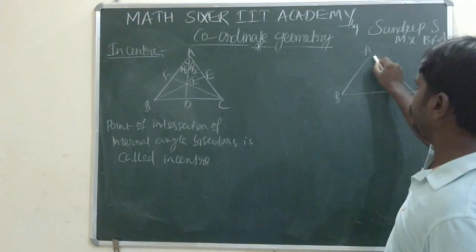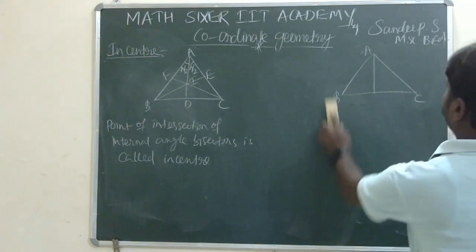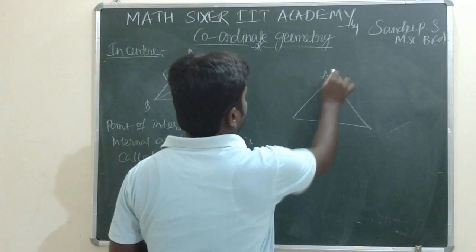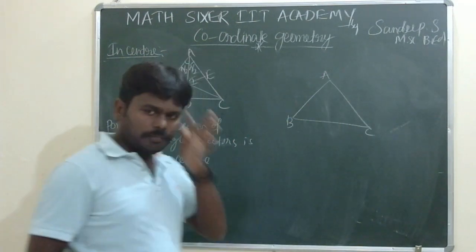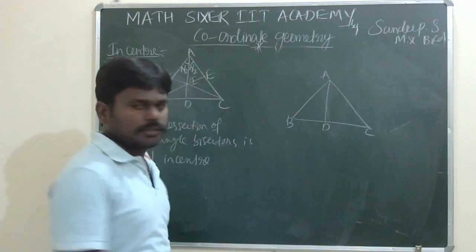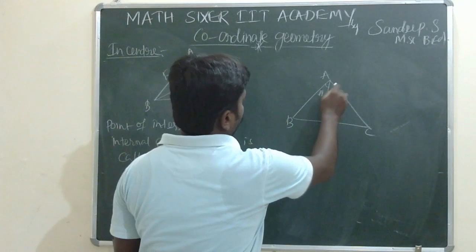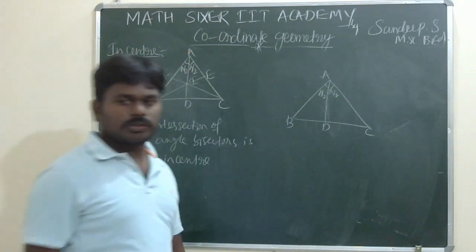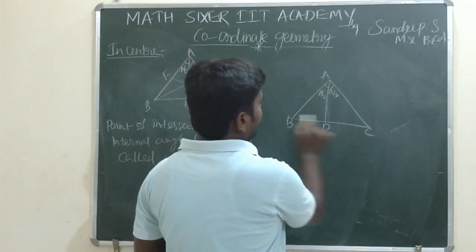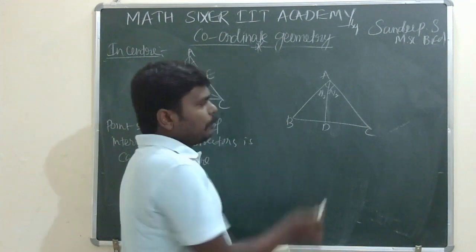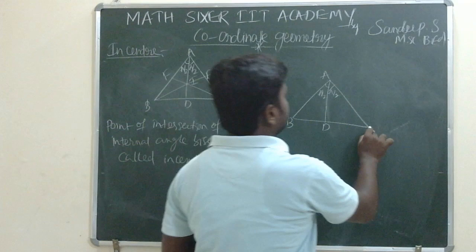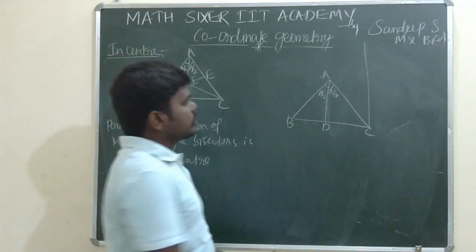Now I am dividing this angle A into two equal parts, so these two are equal to A by 2 and this is A. Now just draw a line parallel to AD from the vertex C. We can say draw a ray.